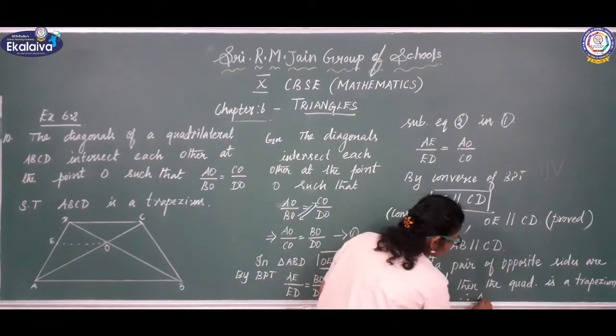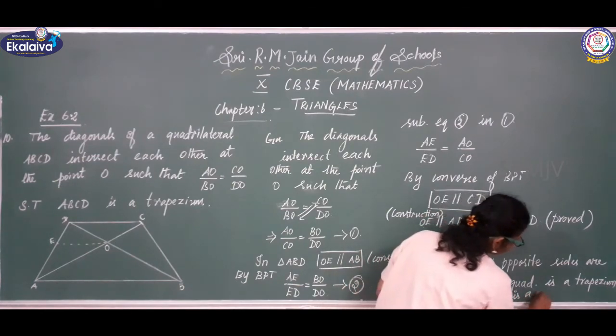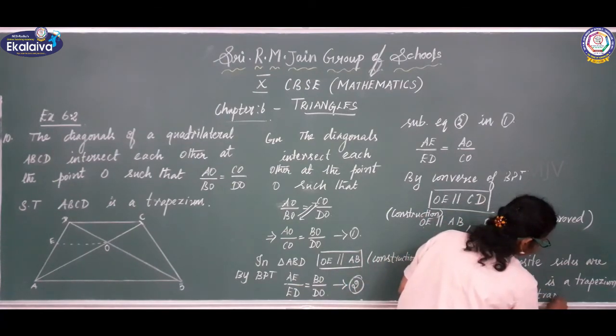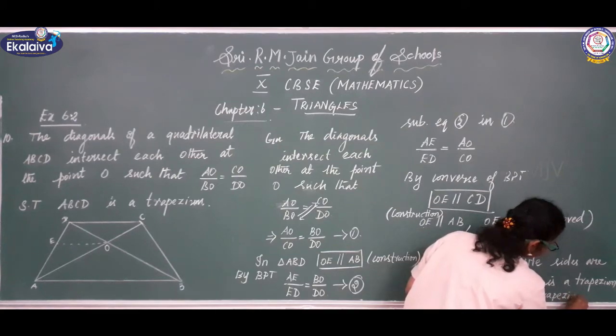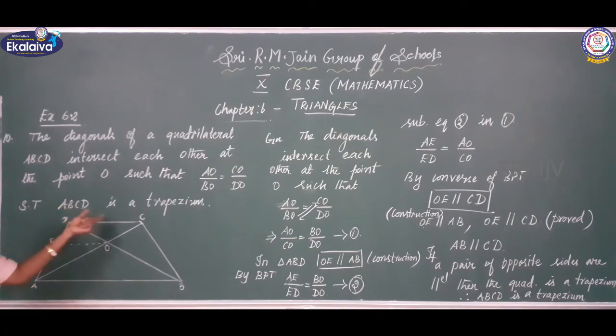Therefore, ABCD is a trapezium. They are asking us to prove ABCD is a trapezium, that we proved at the end.